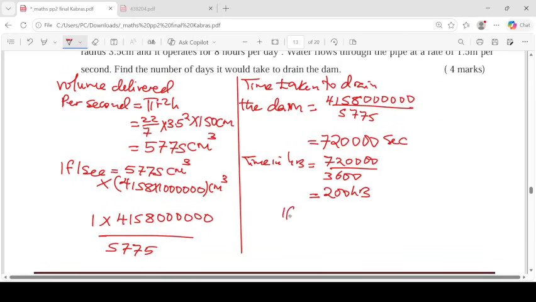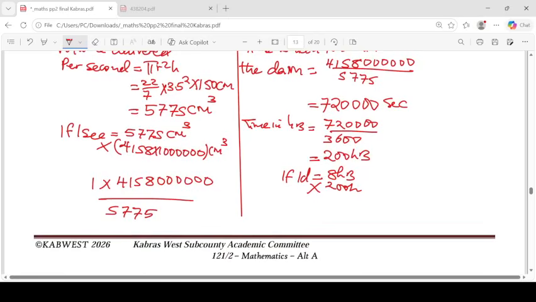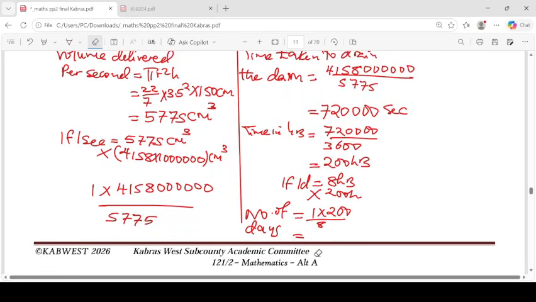If in one day it only works for 8 hours, how many days should 200 hours be? The number of days will be equal to 1 times 200 divided by 8, which is 25 days.